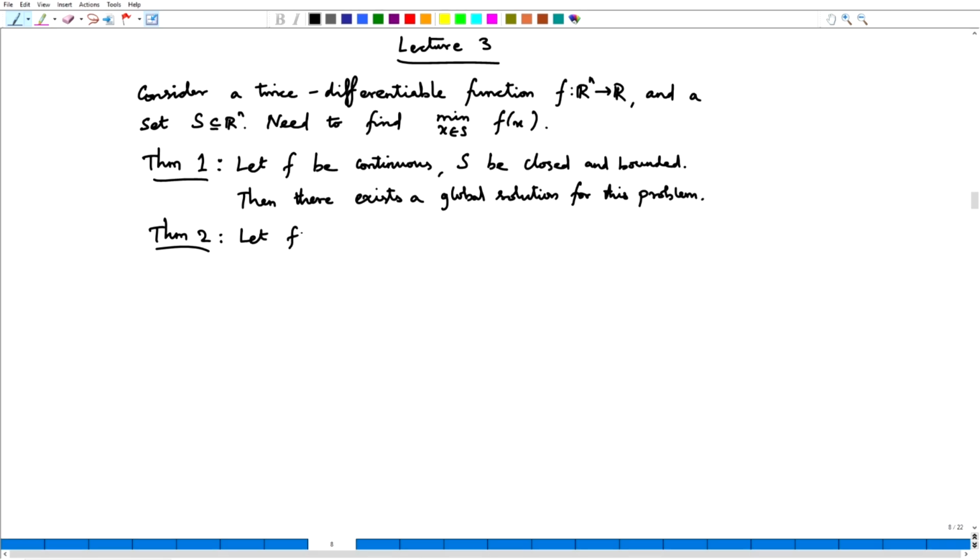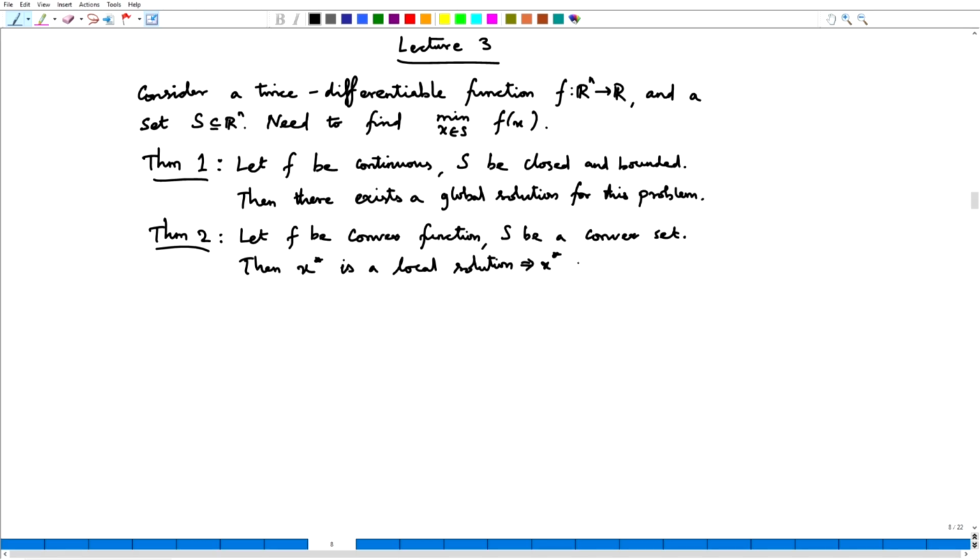So, in case f is a convex function and S is a convex set, then x star is a local solution implies x star is a global solution. Okay. So, yeah, these are the two theorems that we learnt.